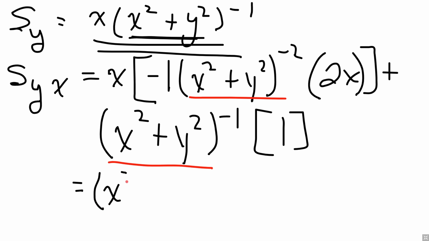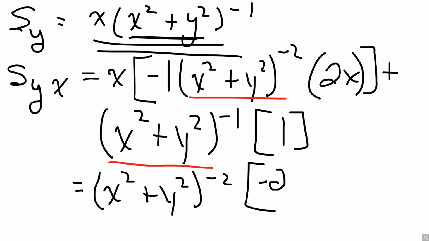So x squared plus y squared to the -2 comes out. Now, when I pull it out of this first piece, this term is completely gone, so all I'm left with is x, -1, and 2x being multiplied together, which gives me -2x squared.